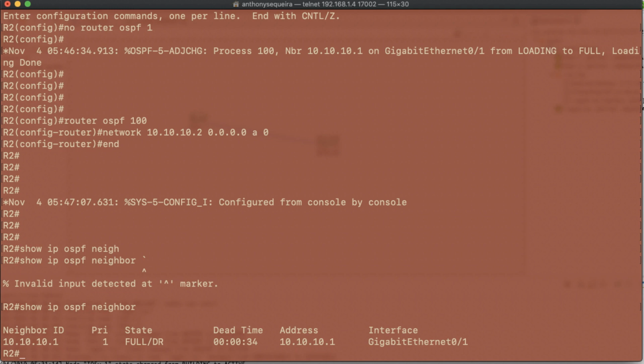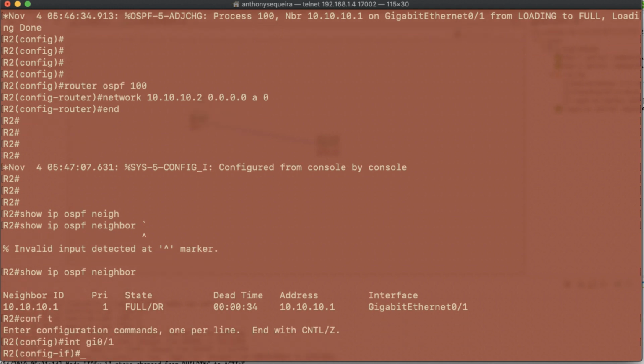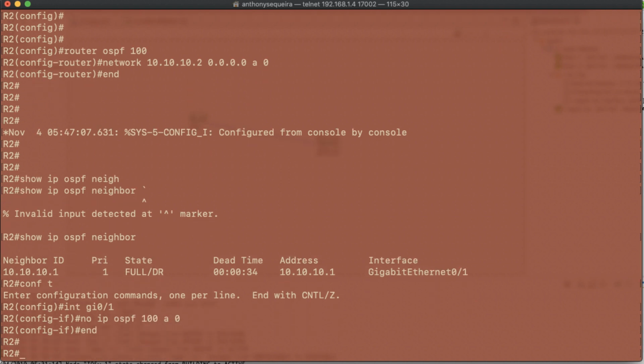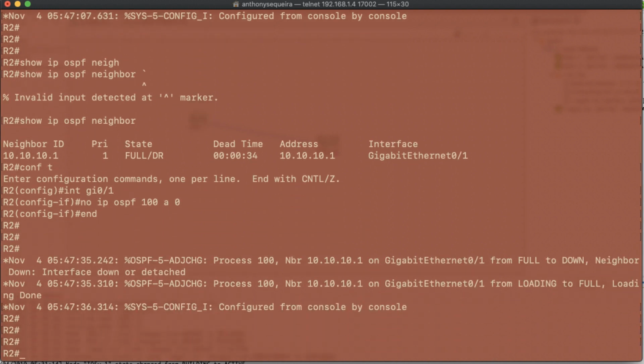And then I guess if we were to go under the interface and say no ip ospf 100 area 0, the network command would kick in. Wow. After it takes down the adjacency and then rebuilds the adjacency. Oof. So you get the idea.